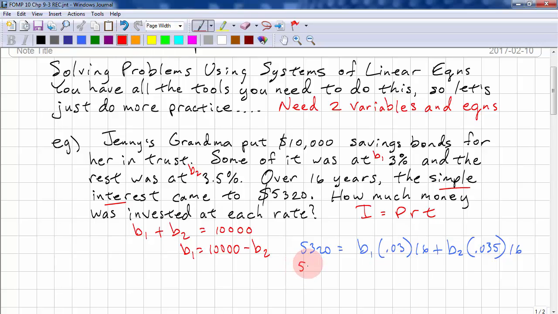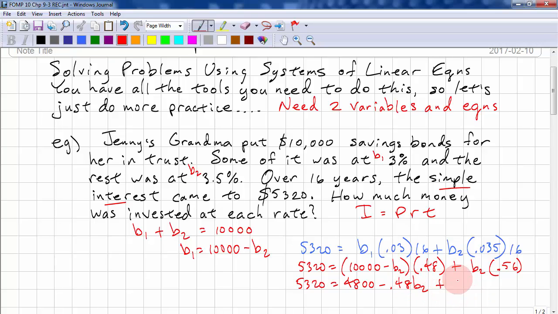We get 5,320 equals 10,000 minus B2 times 0.48, and here we get B2 times 0.56. So this works out to be 5,320 equals 4,800 minus 0.48 B2.